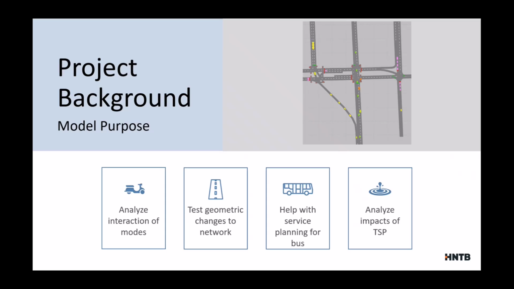We're not taking away lanes, but we are making some tweaks at the intersections with turn lanes and storage bay lengths. And then we use the model to help with the service planning for the buses. So we're looking at running times from end to end and feeding that to our service planning team so they can put together the schedules.